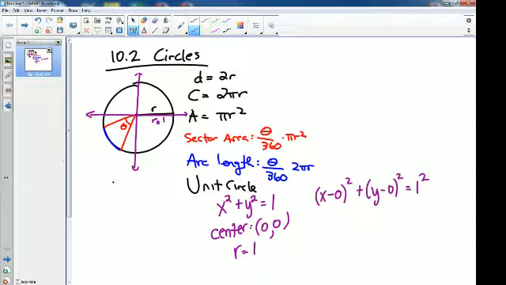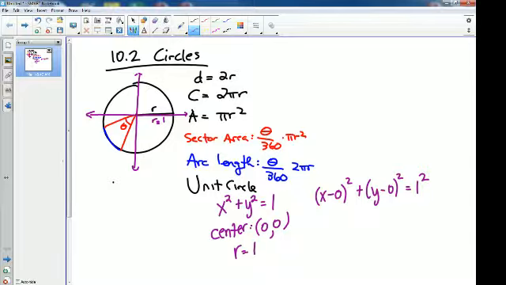Where the center is. So if the center is not 0, 0, there's gonna be numbers here. Okay. What does this tell me? The radius. It will always be r squared. It always tells us that this is 1 because 1 squared is 1.